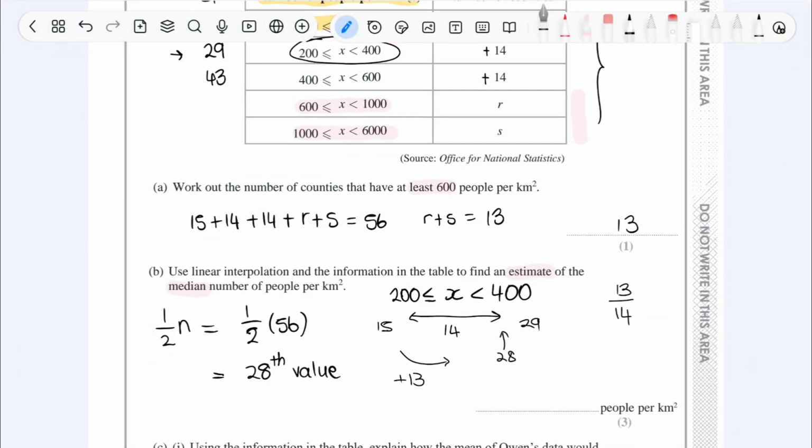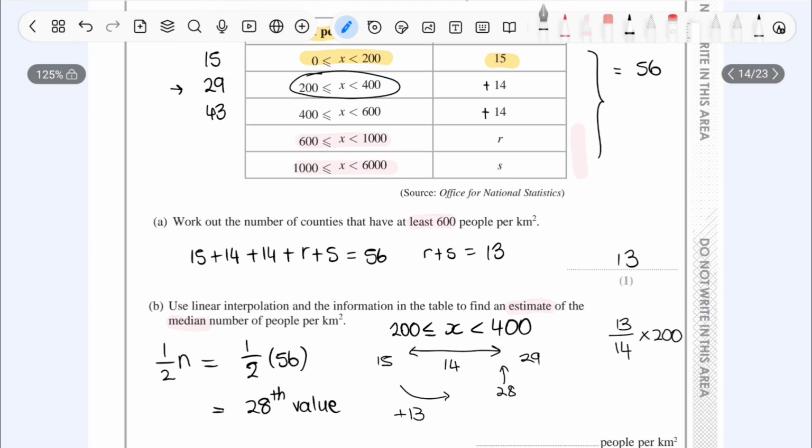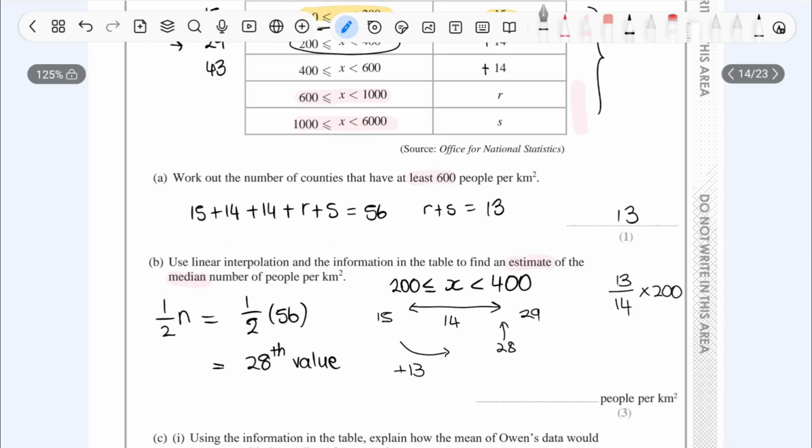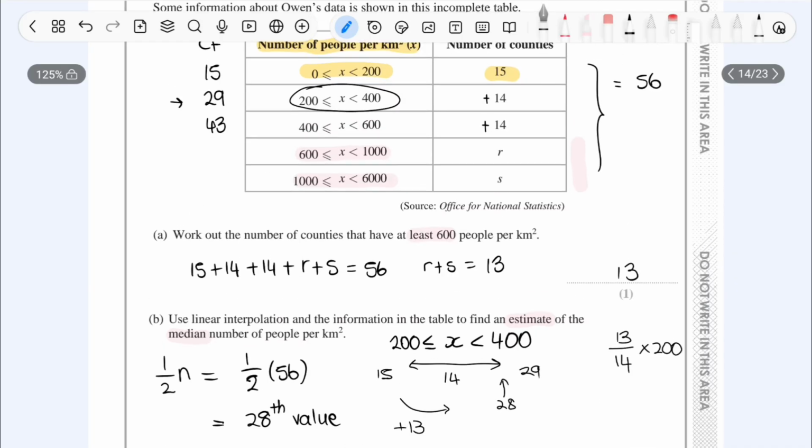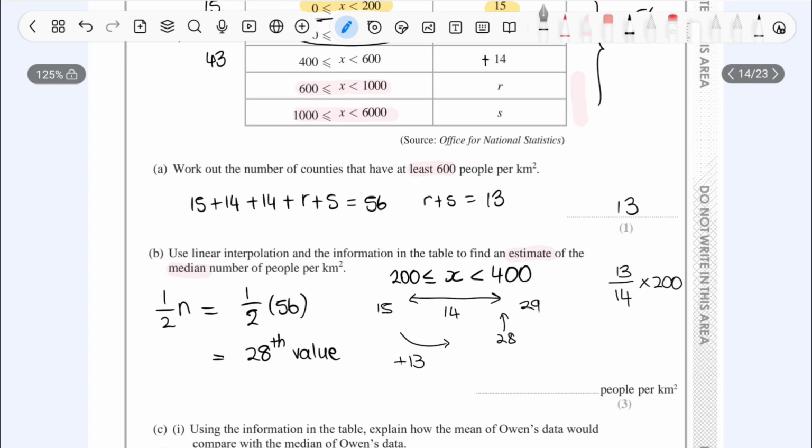And the class width is 200. Now an assumption of this, because it's an estimate, is that it's evenly spread throughout the whole interval. So we'll multiply it by 200. As you can see, 200 to 400 is a 200 gap. Now that's not all. Now we know how far into the interval we're actually going, if you visualize it. But where do we actually start? Well, we add it onto the 200.